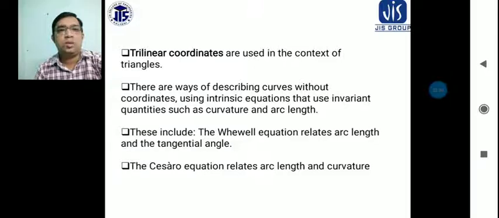There are ways of describing curves without coordinates, using intrinsic equations that use invariant quantities such as curvature and arc length. This includes the Whewell equation, relating arc length and the tangential angle. The Cesàro equations relate arc length and curvature.